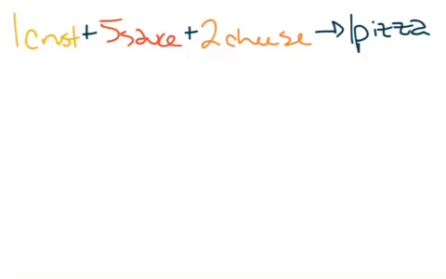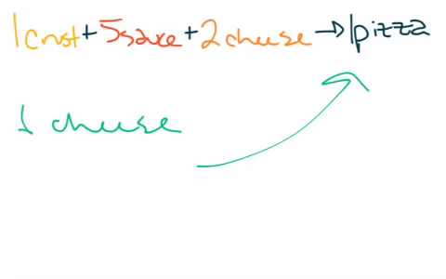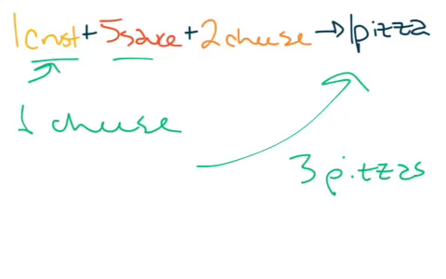What I mean by that, if we go back to our kitchen scenario, say we go back to the 6 cups of cheese that we had in the last video. What we're assuming with the 6 cups of cheese and converting that into 3 pizzas is that we have plenty of crust and sauce. So these are what we would call the excess reagents, meaning that if the cheese is what is determining how much pizza we can make, then that means we must have had plenty of sauce and plenty of crust.